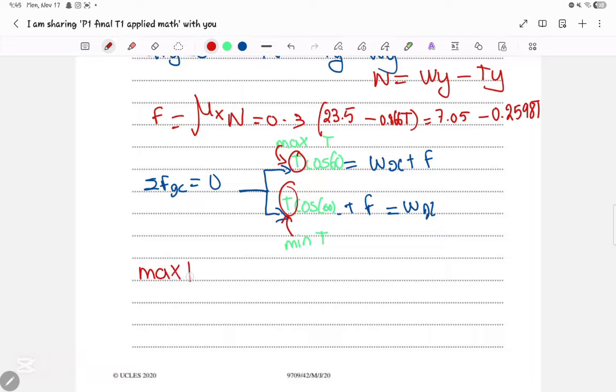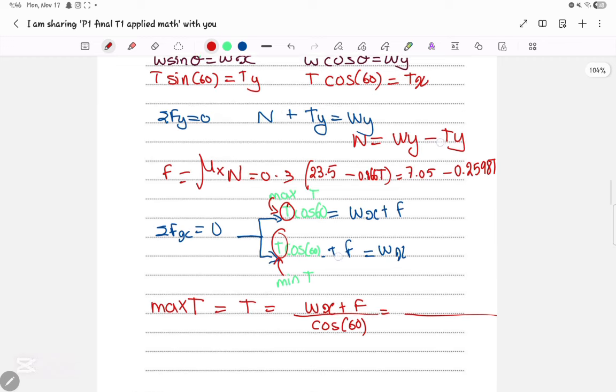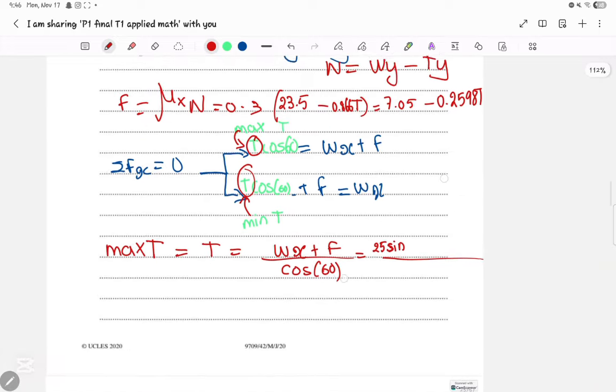Maximum tension is equal to T is equal to Wx plus friction over cosine 60. How much is Wx? Wx for me is W sine theta, so it's gonna be 25 sine theta.